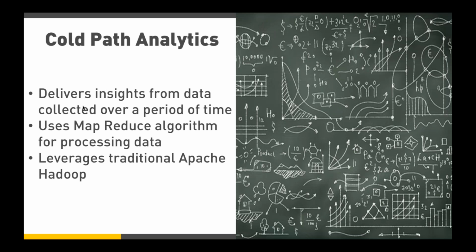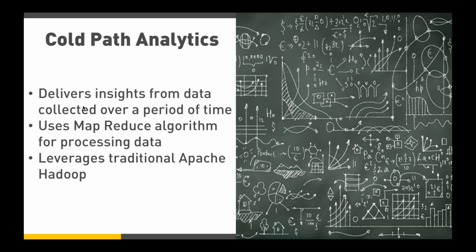Cold path analytics typically collect the data and process them over a period of time. So going back to the connected car scenario, the car fleet company that is managing multiple cabs might be interested in finding out the fuel efficiency of the taxis.